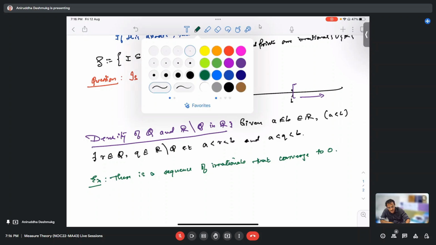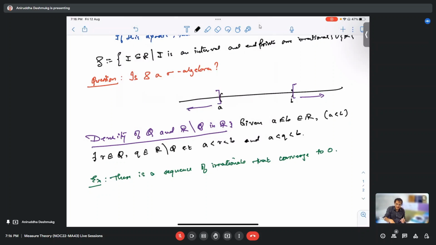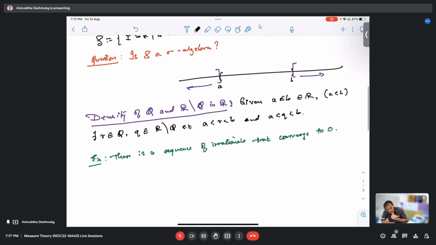Can you give me some idea how you are going to prove this using the statement I have written above? I don't know, sir. Okay, let us start. For every natural number, I want to extract an irrational, and those irrationals should slowly go towards zero. How will I do that? Zero is not equal to one, right?